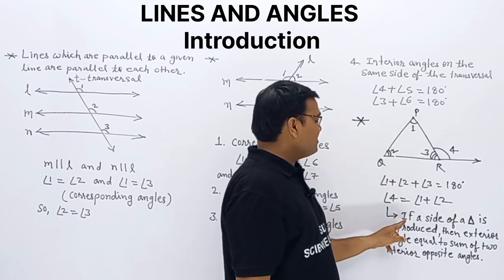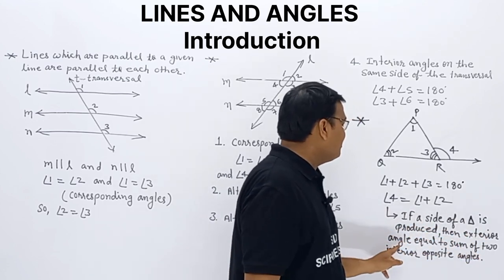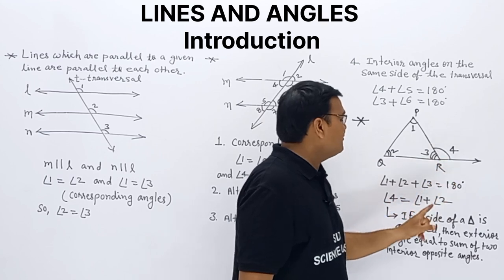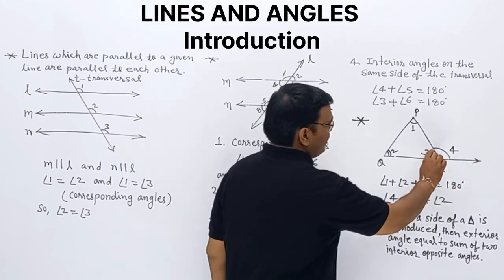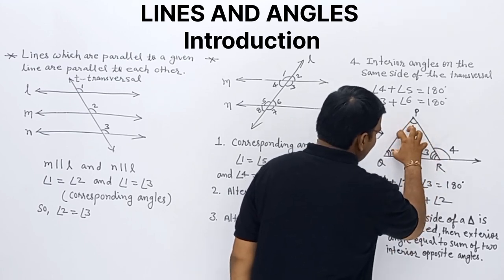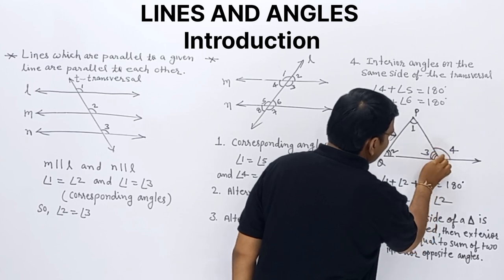Why? We can say if a side of a triangle is produced, then the exterior angle is equal to, this is what? Exterior angle. The side of a triangle is produced, then this is the exterior angle, and these are the interior angles. For this triangle, the exterior angle is this one, and we get this angle.